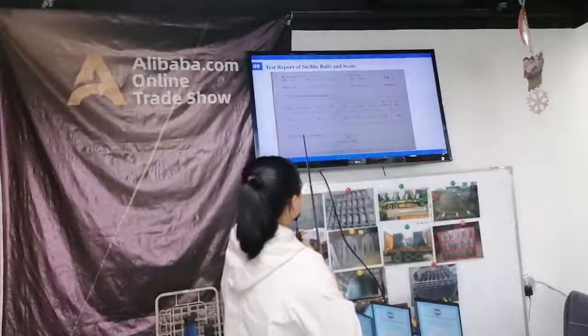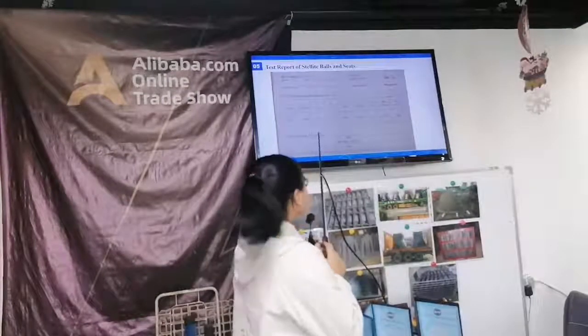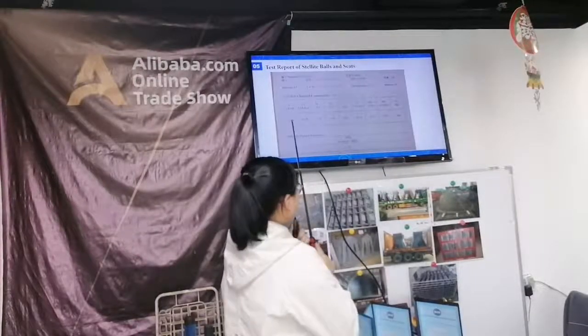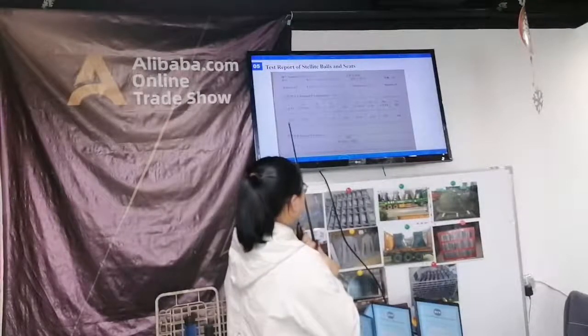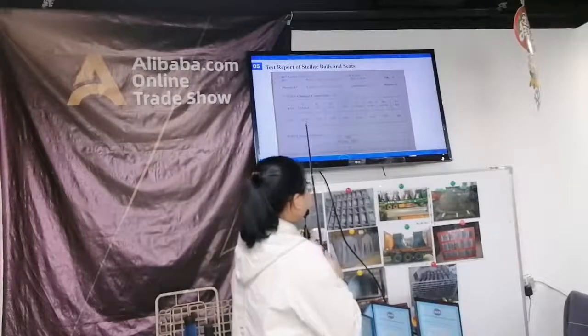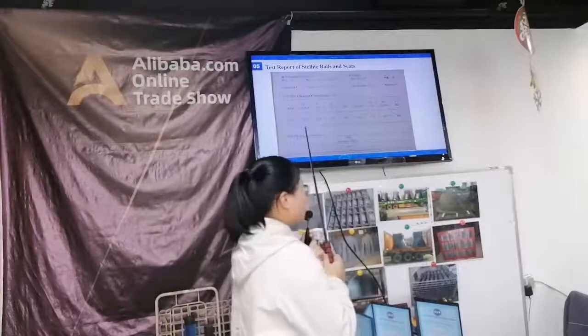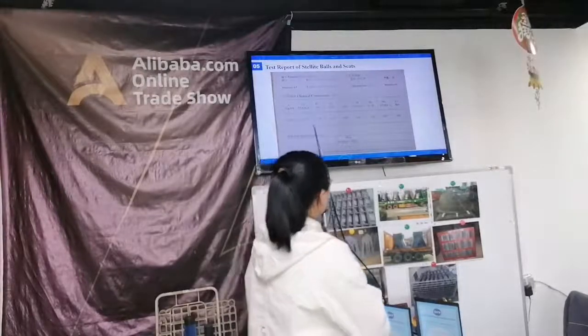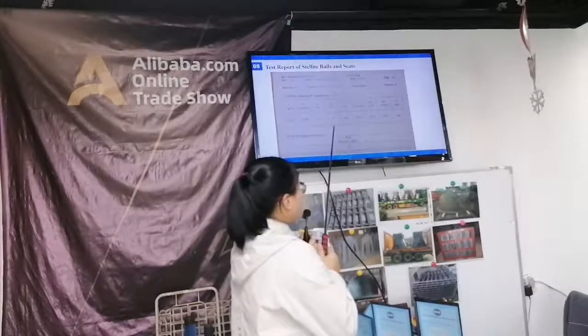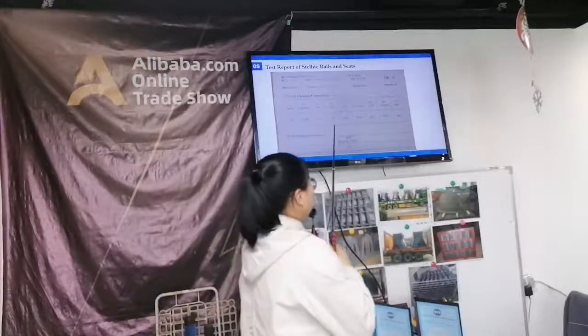Next, chemical composition for Stellite 3. You can see carbon is 2.95. Chromium is 33.79. Iron is 1.7. Nickel is 1.95.